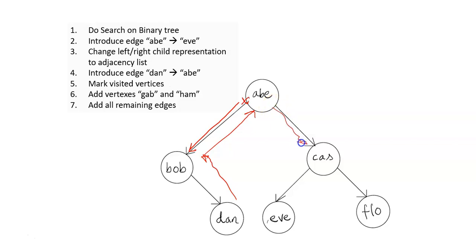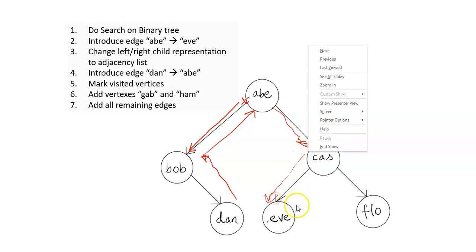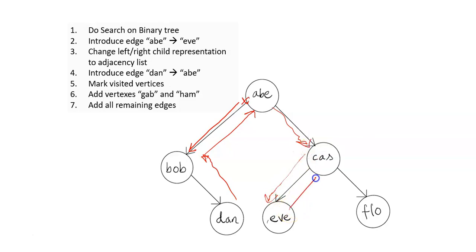We go to the Cass node and go as deep as possible to the Eve node, and then we backtrack to the Cass node, and then go as deep as possible, which is to the Flow node, and then we go back to the Cass node, and then back to the Abe node. So this is the path we are going to travel.